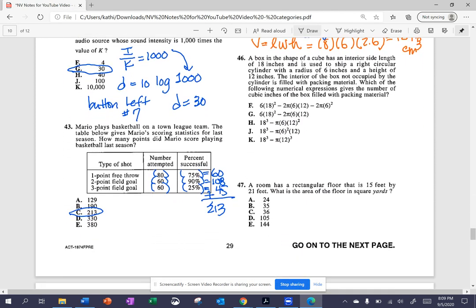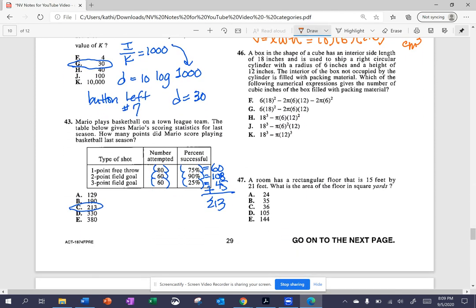Okay, 46. A box in the shape of a cube has an interior side length of 18 inches and is used to ship a right circular cylinder with a radius of 6 inches and a height of 12 inches. The interior of the box not occupied by the cylinder is filled with packing material.